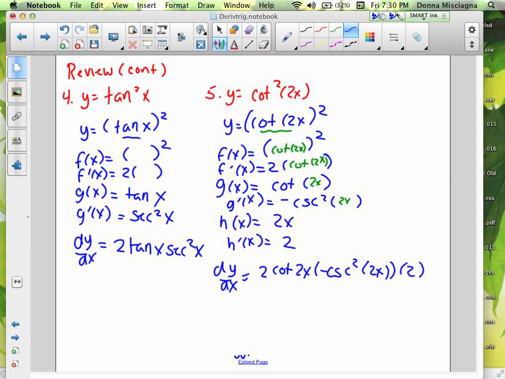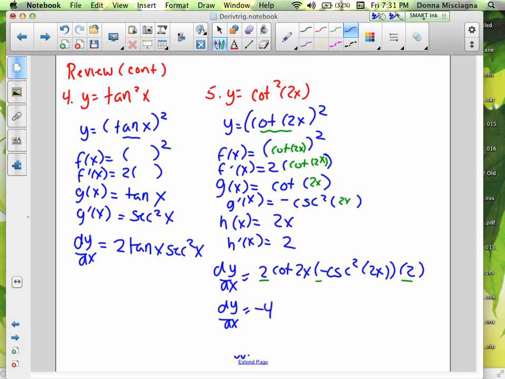So you see, if you write all of your functions just working your way out, you write your f of x, your g of x, your h of x, hey, maybe you'll have an i of x, and just take the derivatives of those, your final derivative is just the product of all of those derivatives in your chain rule. So I think that's an easier way to think of it. So let's combine 2 of these 2's, and the negative there, and call that a negative 4.